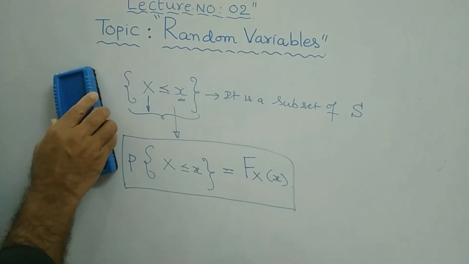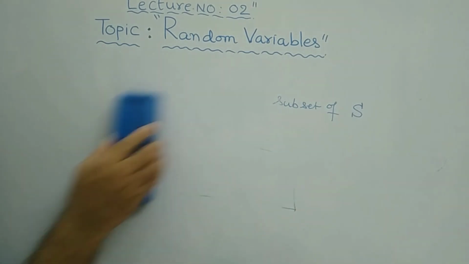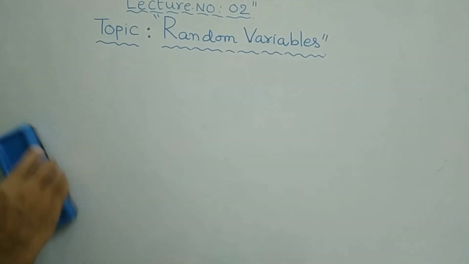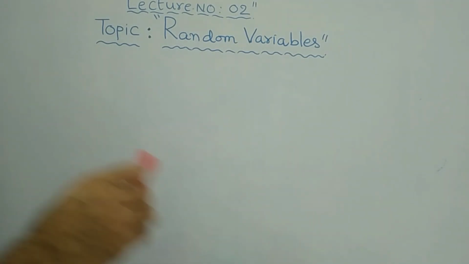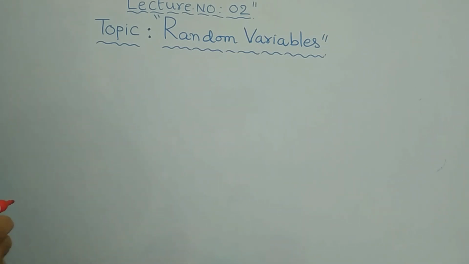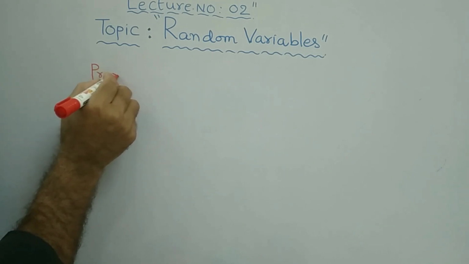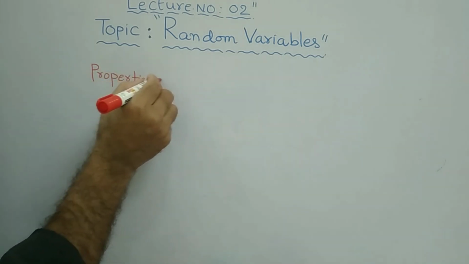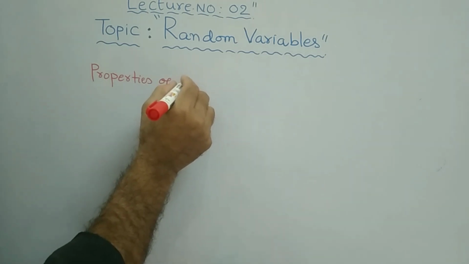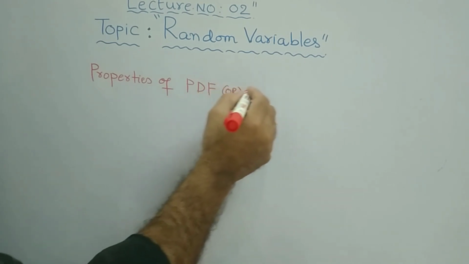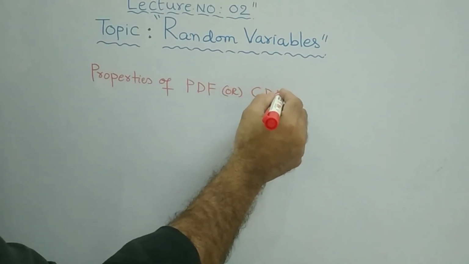Clear? So we have a few important properties actually. I will explain that. I think all these are useful for solving problems, right? Here proofs are not required because you must know the properties. So, properties of PDF, also called CDF, cumulative distribution function.